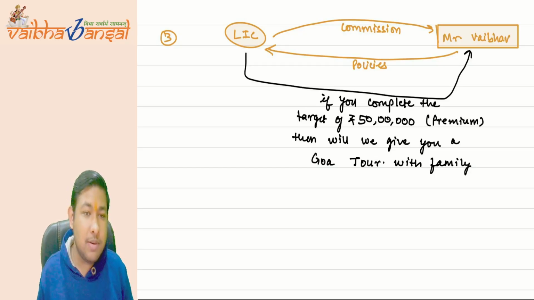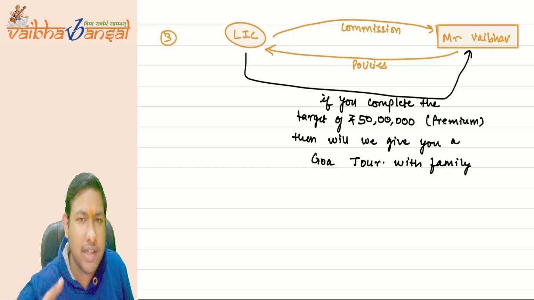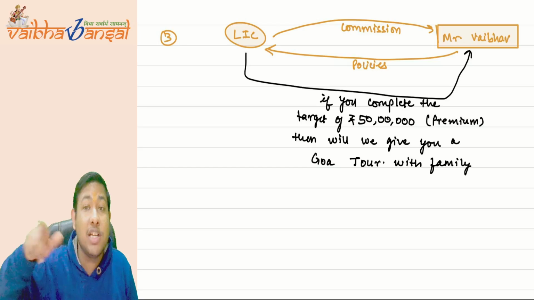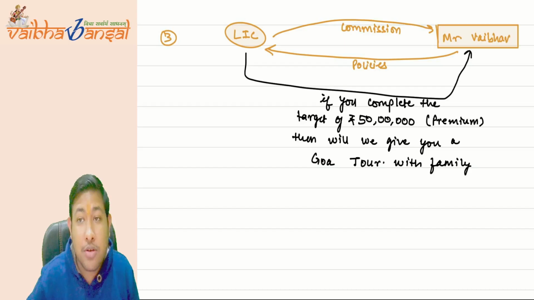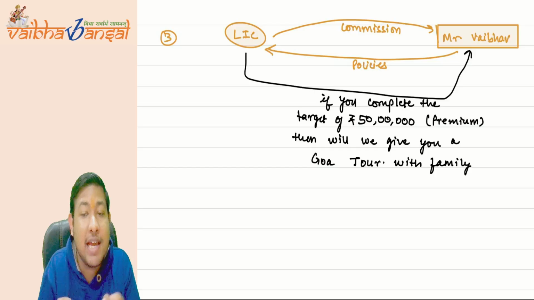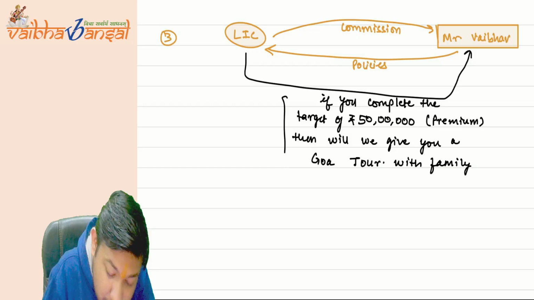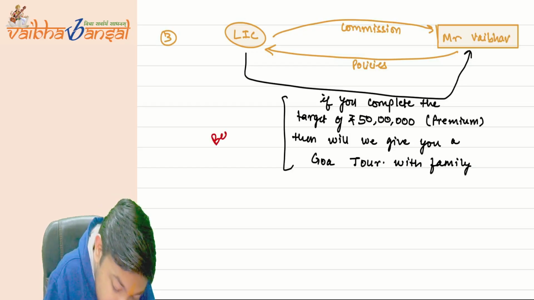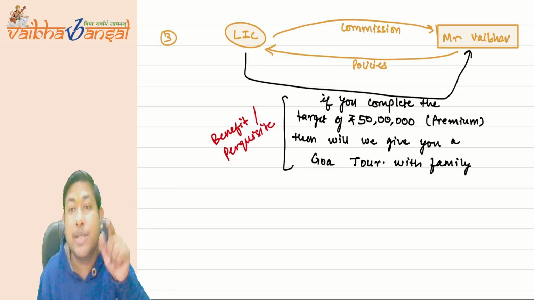So for Mr. Weber, it is the benefit of a perquisite, a perquisite arising from the business. What business is he doing? He is doing the business of selling life insurance policies. So from that business, he is getting a benefit, an oblique perquisite arising from business or profession.